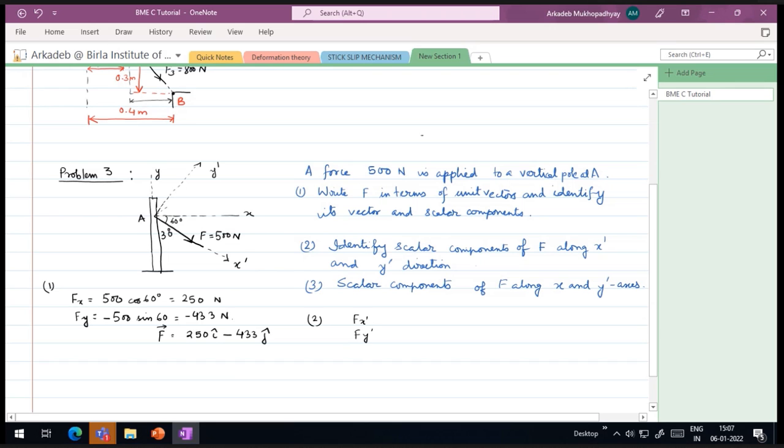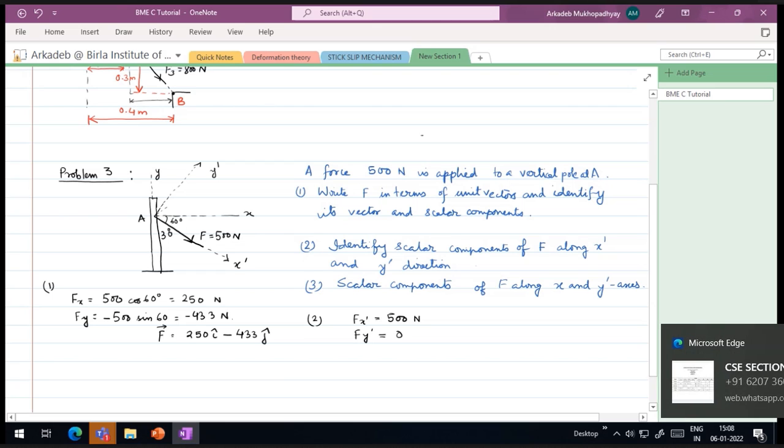What will be fx dash equal to? 500, because this force is along the x dash direction itself. And fy dash will be equal to 0. So this will be 500 Newton and this will be 0.